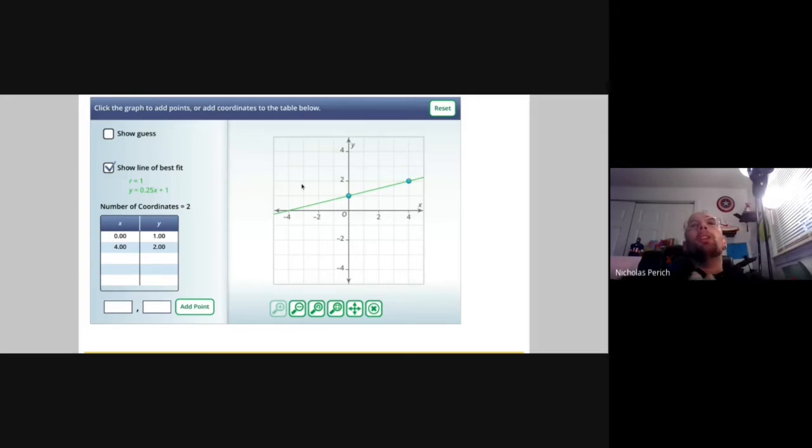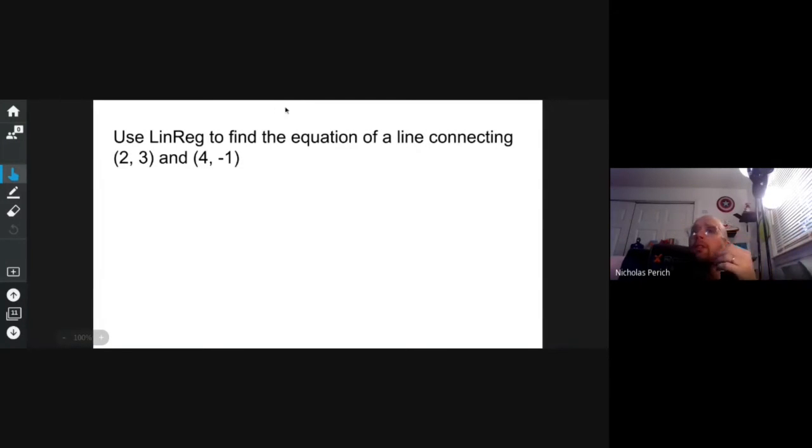So there will be times where the thing that you get for slope is a decimal. So, you might need to zoom in and do the whole actual rise over run process.